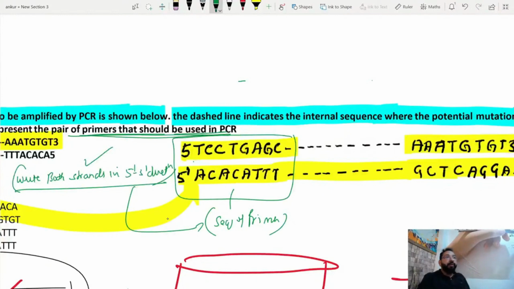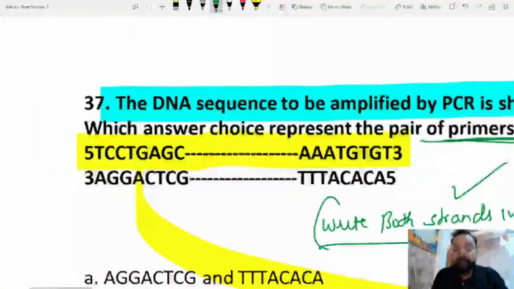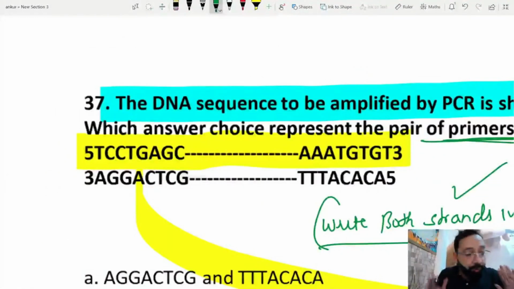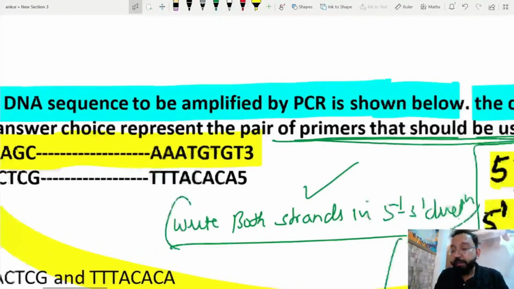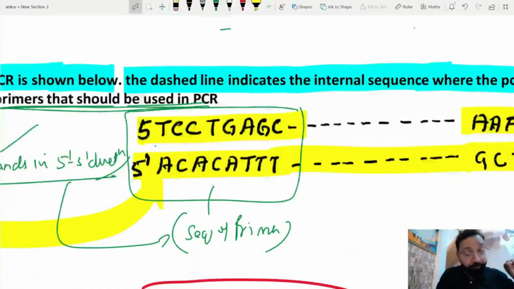This may be a mnemonic, this may be a concept, whatever you consider it. But you will remember that whenever a double stranded DNA nucleotide sequence is given, you will write both strands in 5 to 3 direction, just like you are remembering so many factual items.